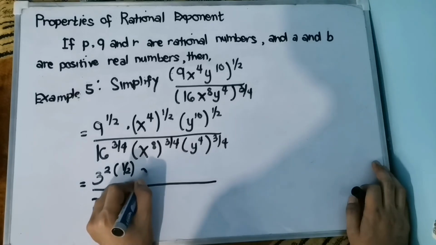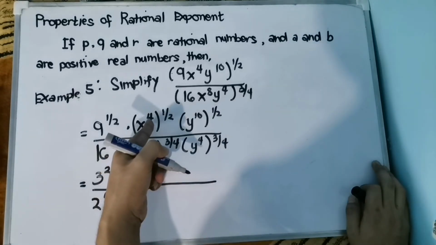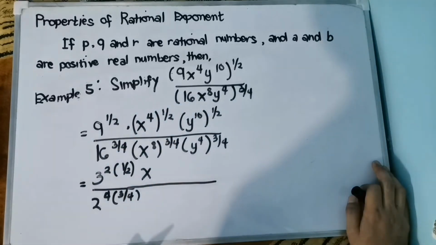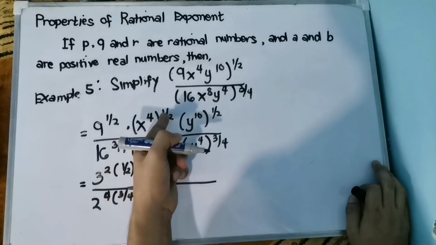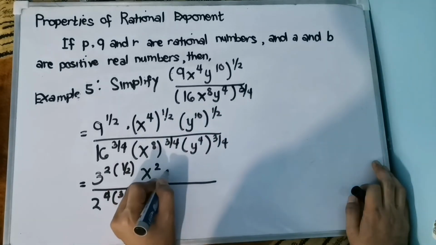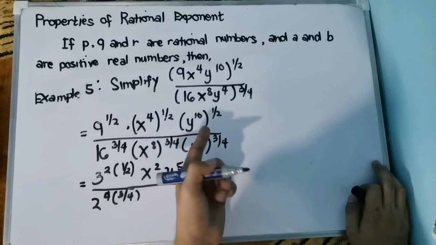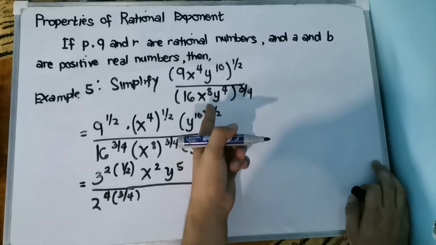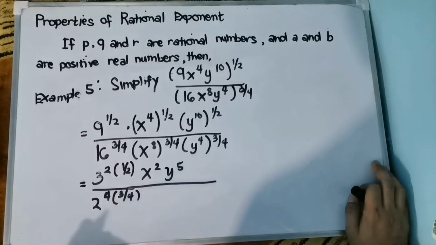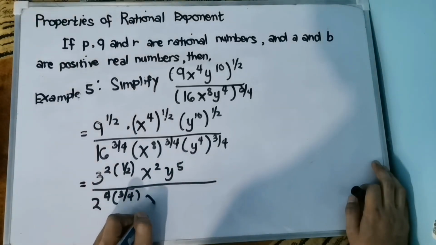And then, x to the 4th, 1/2 of 4 is 2. Or 4 times 1 is 4 divided by 2 is 2. And then, 1/2 of 10, that is y to the 5th. Or kaya naman, 10 times 1 is 10 divided by 2 is 5. So, you have here y to the 5th. And then, sa denominator naman, so you have here x.